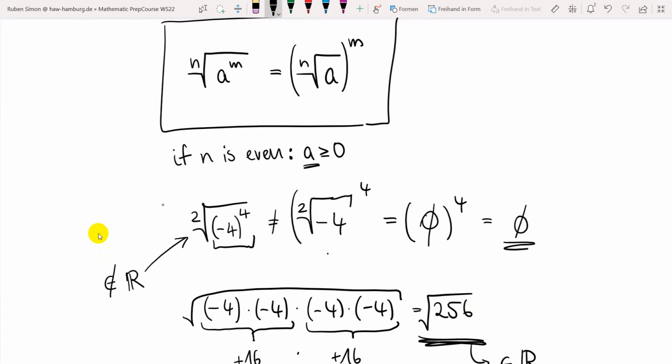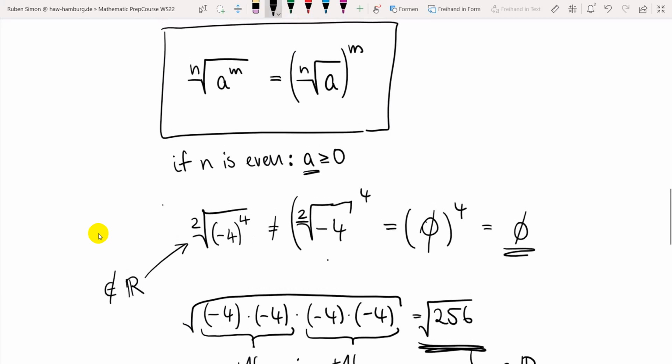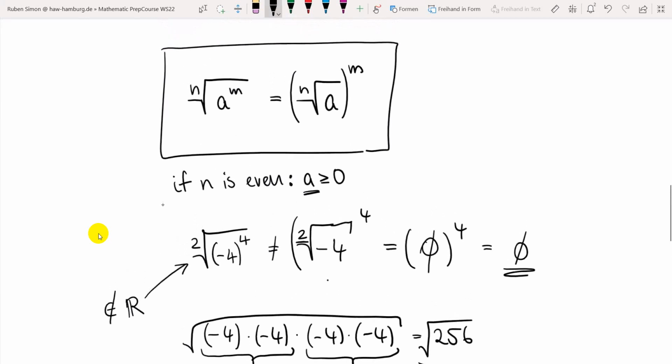So always be careful if you have an even root exponent, that you pay attention to the right order in which you simplify your term. So you cannot apply this rule, for instance, at least.